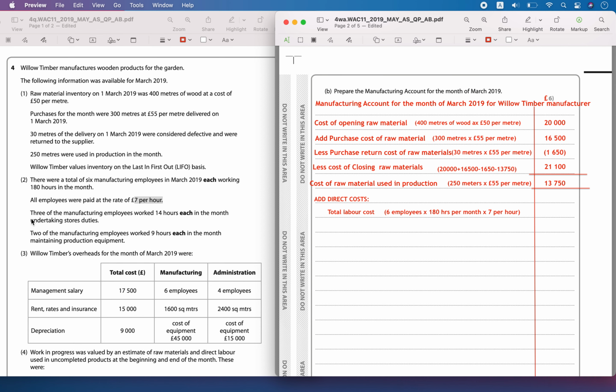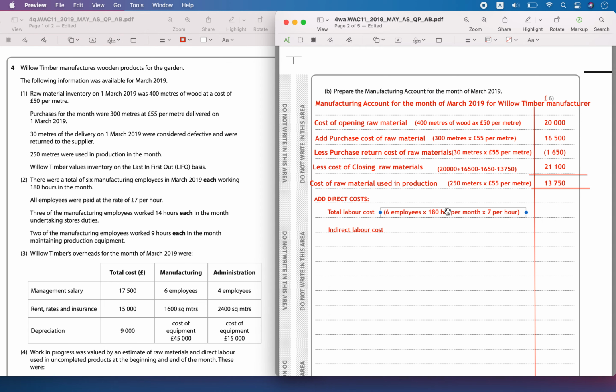The indirect labor costs are the costs that are not related to manufacturing.